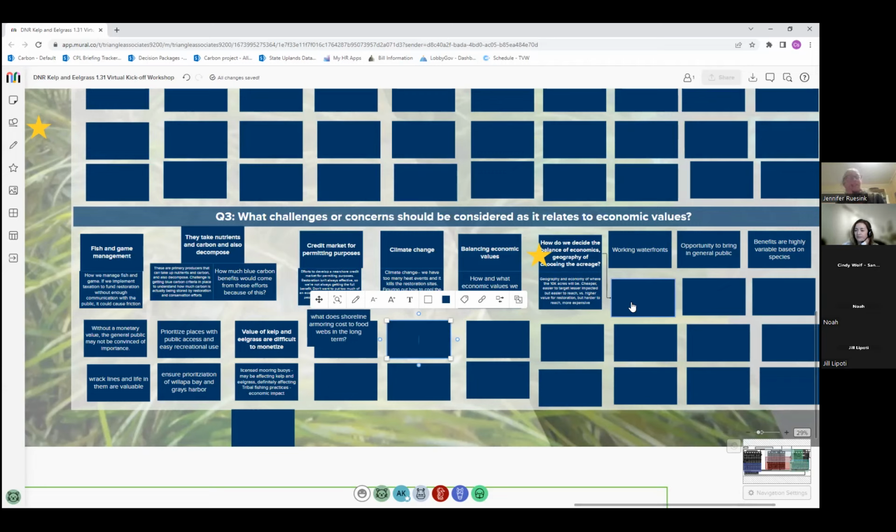This is possibly not economic, but I do feel like both of these species are really excellent sentinel species.